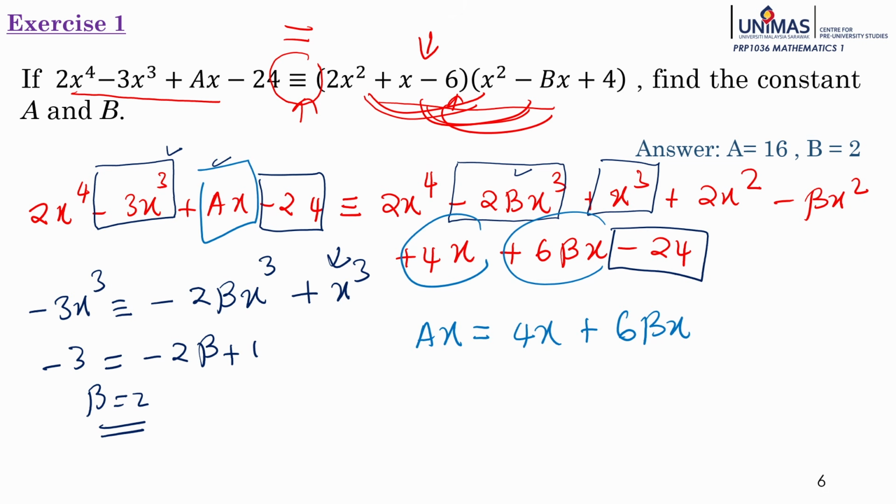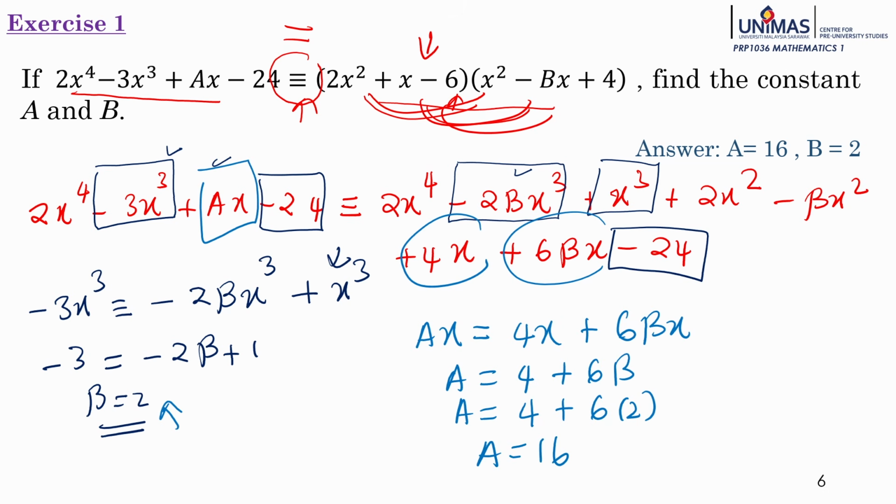So we take only the coefficient: a equals 4 plus 6b. Then we substitute b equal to 2, right? So a equals 4 plus 6 times 2. So you get the answer a is 16.